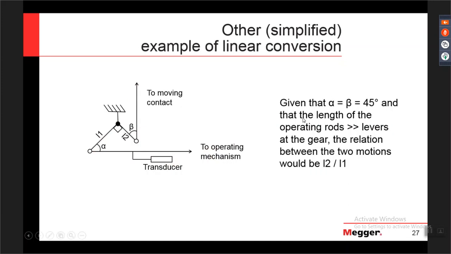Provided that the conditions are like written here, you have the same angle here and here, and the relationship between the motions would be a linear one, with a factor L2 divided by L1, the length of the levers here.